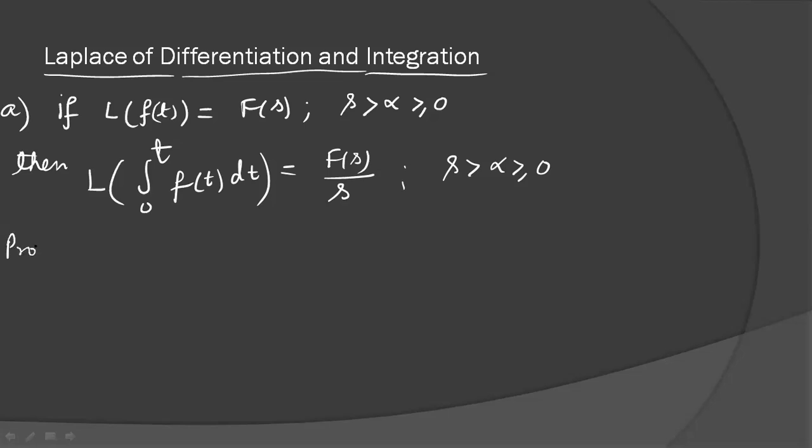Let's see what the proof of this is. Then we will see differentiation also, because the integration result is useful in the differentiation case. That's why I am studying integration here. Let this function be phi(t). So what is phi(t) here? Phi(t) is the integral from 0 to t of f(t) dt.